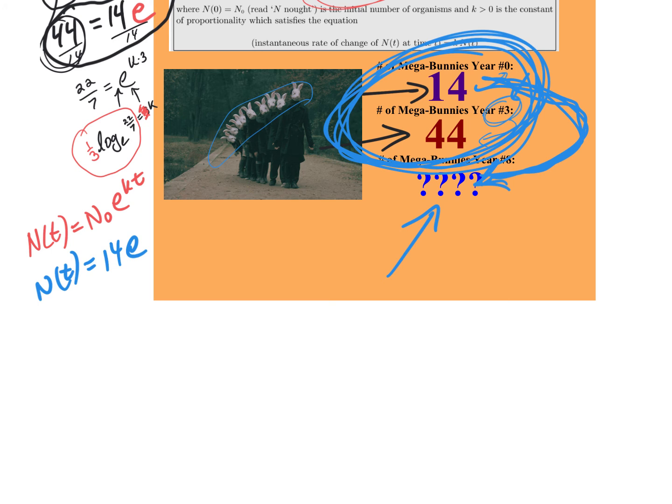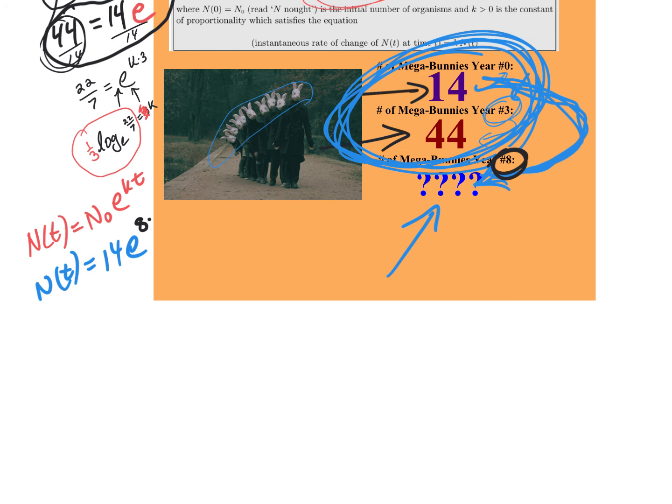E to the k t. Let's leave k out for just a second. Do you know that we know t? It's right here. It's the 8. Year 8. So this is an 8 times whatever k is.